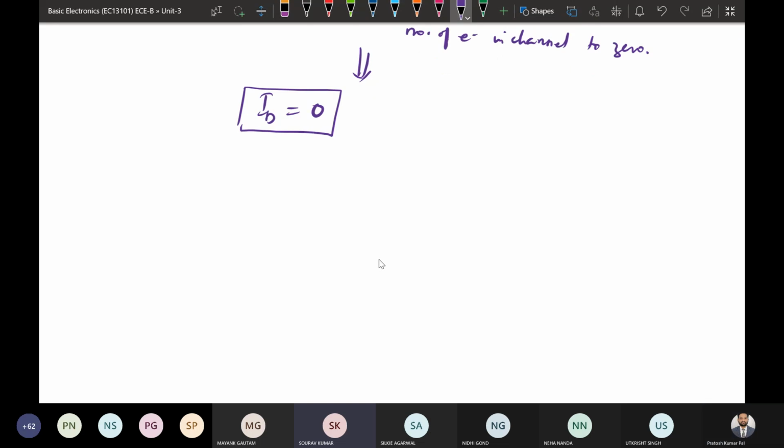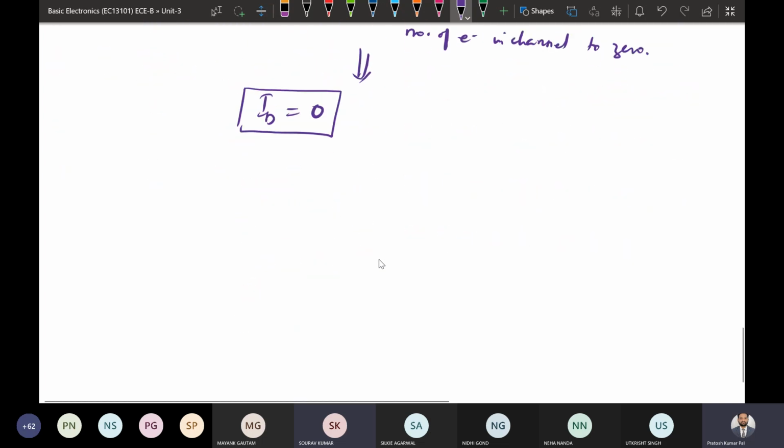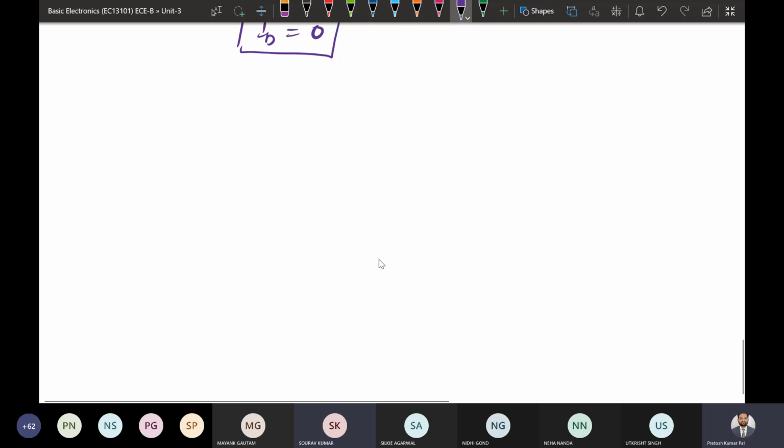So this analysis, once we are going to deal with the depletion type MOSFET, we will be plotting the characteristics. There are two different characteristics. One is called transfer characteristics and the other is output characteristics.